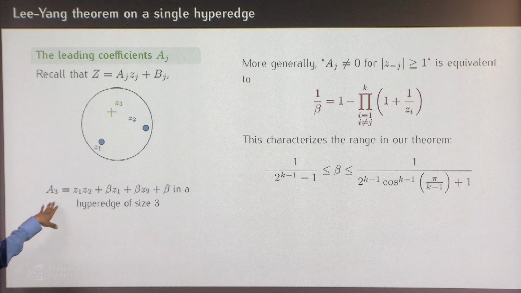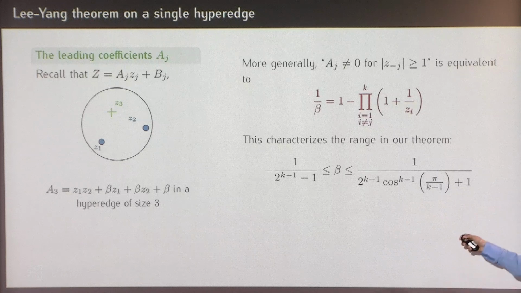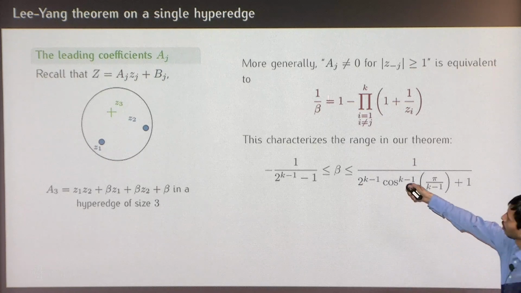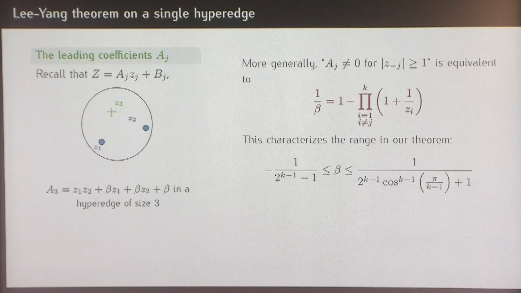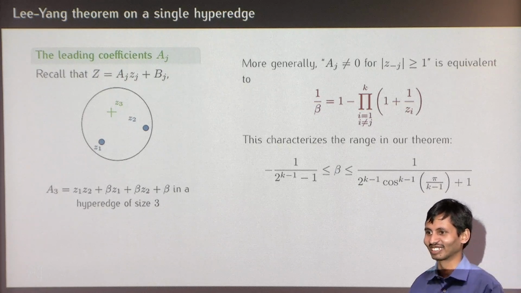So one can write down what these A_J are, and this property that A_J has to be non-zero whenever the variables appearing in it are bigger than 1 turns out to be equivalent to 1 over beta not being equal to this quantity. This now reduces to what Alexander Barvinok likes to say is a middle school or high school geometry problem.